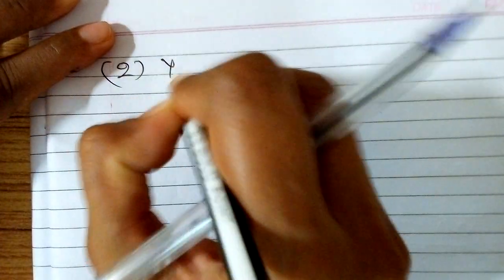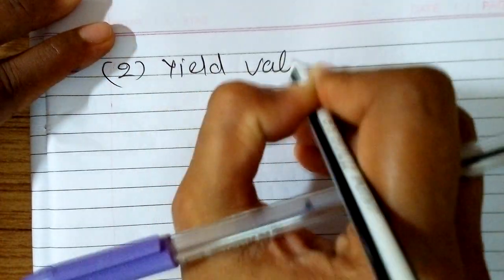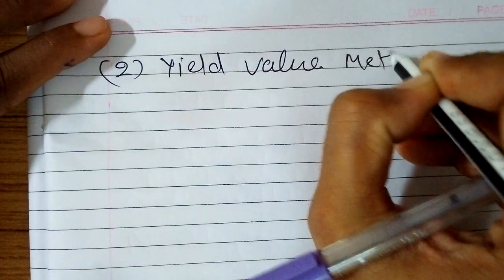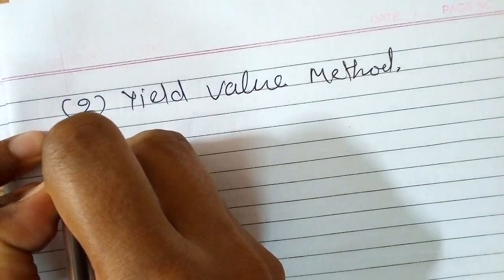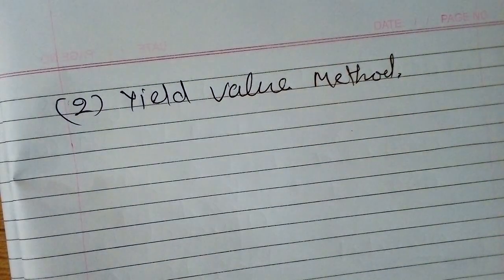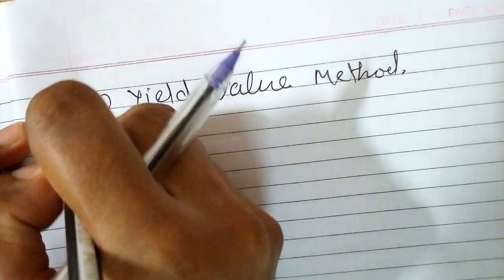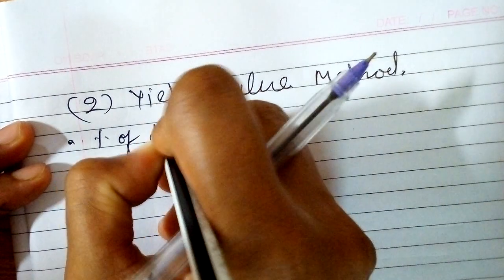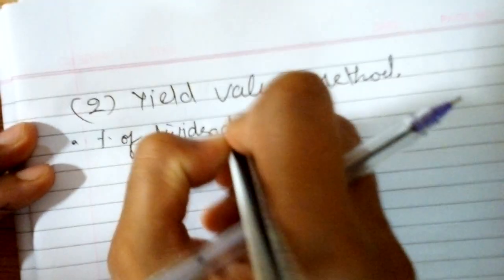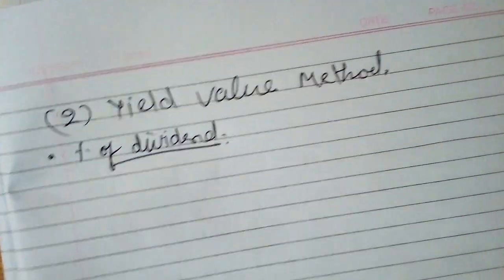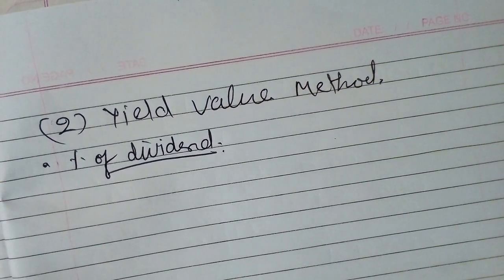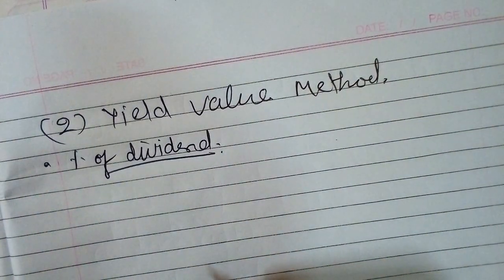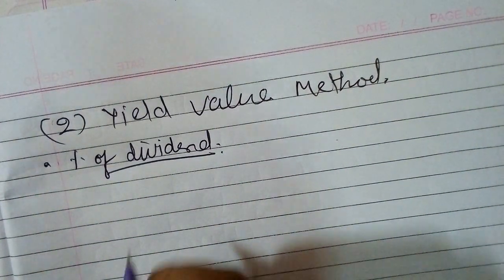So this is the first value of share, intrinsic value. Now second value, that is yield value or market value method, right? So for that, firstly we need to calculate percentage of dividend. So formula, divisible profit upon equity share capital into 100.